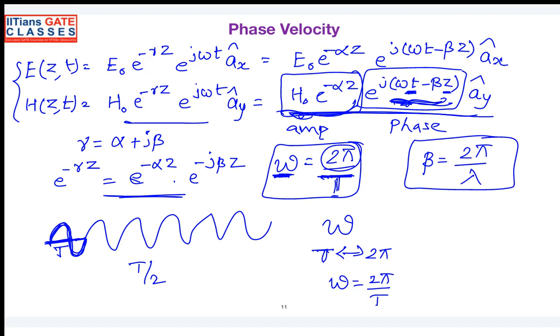Similarly, what do you mean by beta now? When the signal is traveling, you know that the wave is traveling in space indefinitely. So when the wave has traveled a distance of one wavelength, the signal has undergone a phase of 2 pi radians. That is nothing but what beta represents. Suppose the signal travels for 1/4 of the wavelength, what will be the corresponding phase shift?